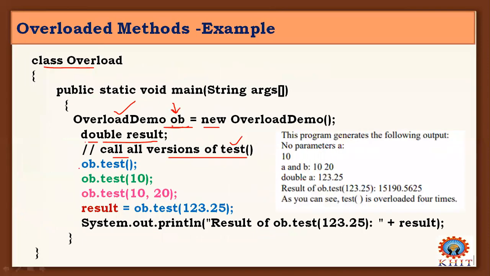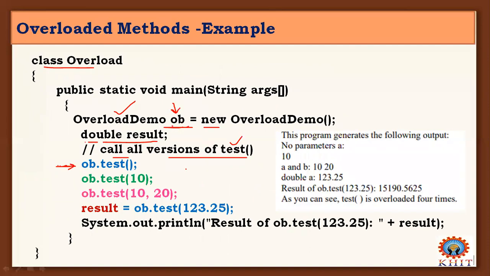So first, I am calling the method through the object of this OverloadDemo class. ob is an object here. How to invoke the method of a class, we know this from the classes and objects concept: the object calls these methods using the dot operator.